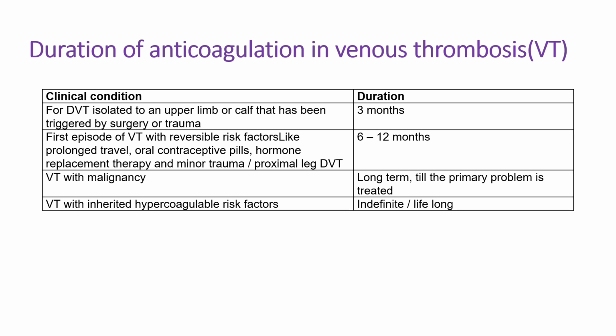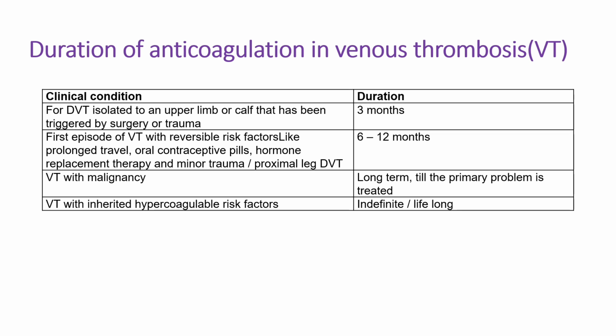Now we will see the duration of anticoagulation in venous thrombosis. For DVT isolated to an upper limb or calf that has been triggered by trauma or surgery, 3 months.